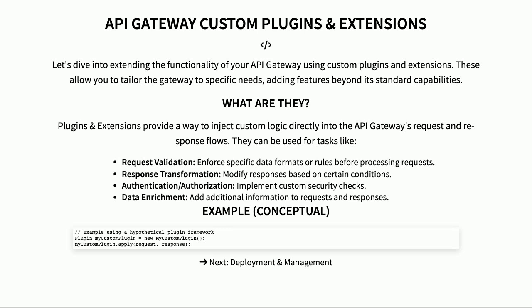Essentially, they let you tailor the gateway exactly to your application's needs. There are some common use cases like validating request formats, enriching responses with extra data, and handling authentication if needed. Here's a very simplified example showing how a plugin might be applied. It's all about plugging in logic at different points within the request or response flow.